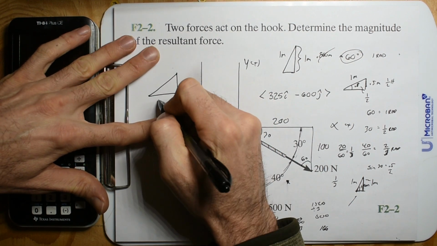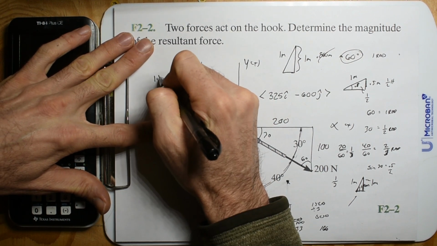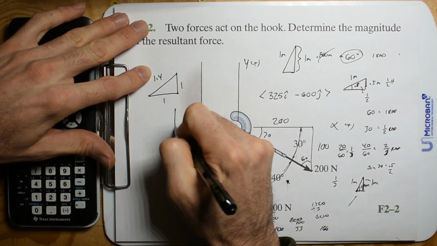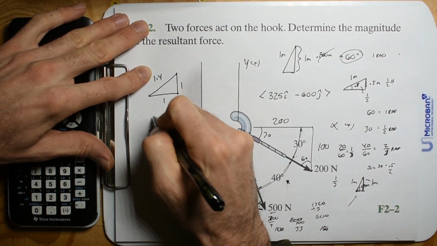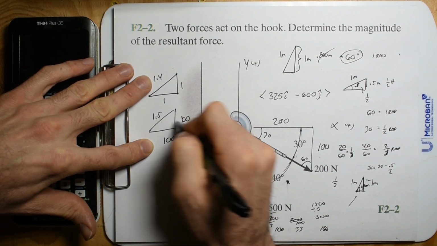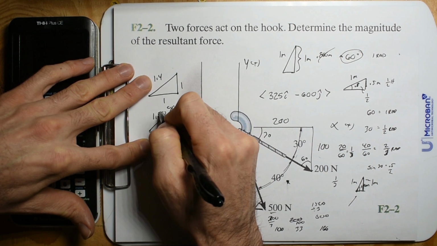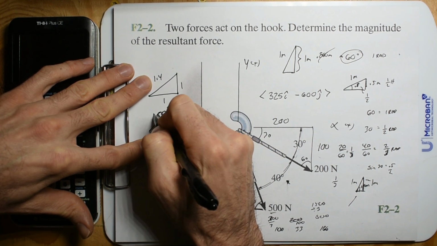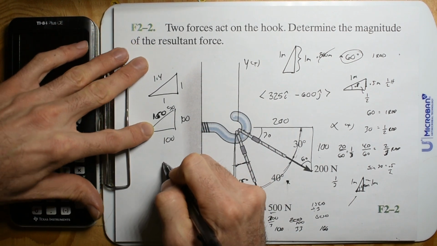So I'm going to say if this is 1 and 1, this is going to be 1.4, but my initial guess is going to be 1.5, which, if I turn this to 100, is 150%.